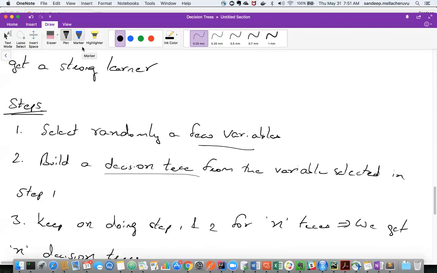The decision tree will have very high complexity. Now what happens when the decision tree has too high complexity? If the complexity of the model is too high, the variance of the model will be too high.